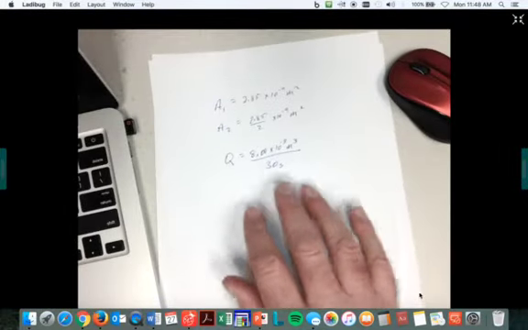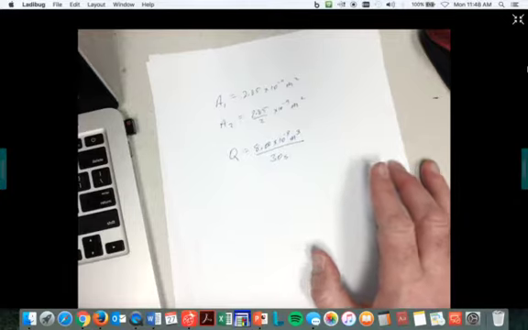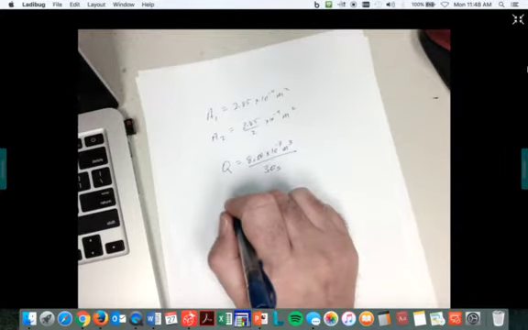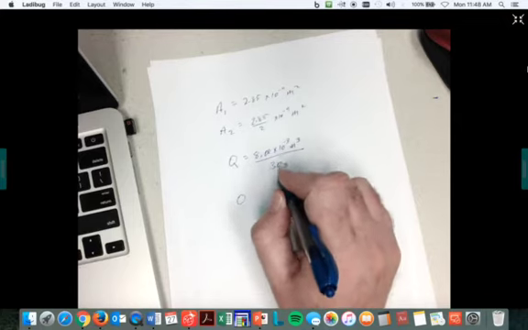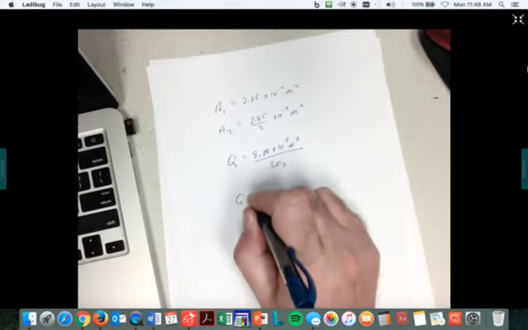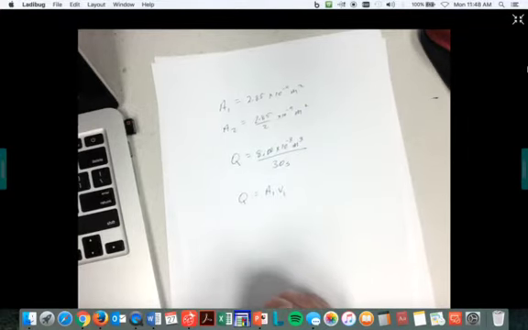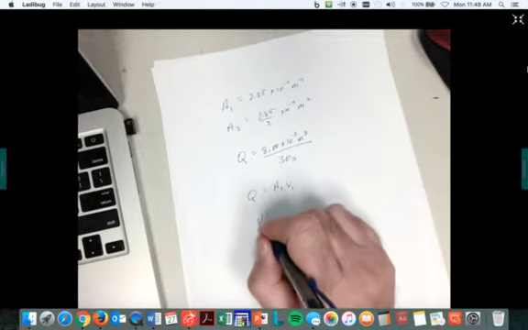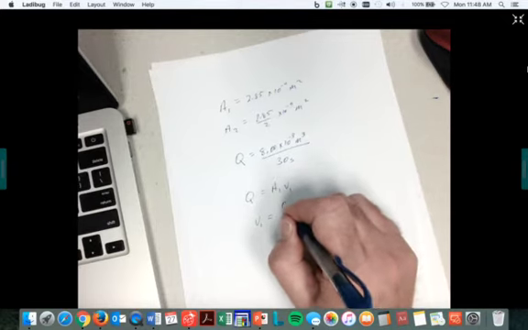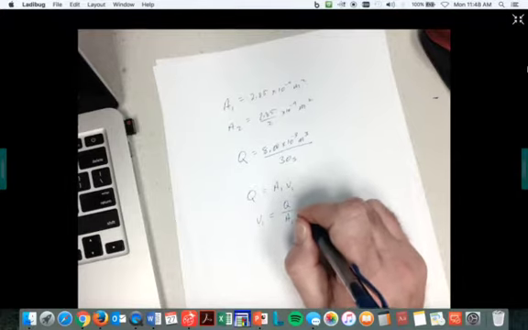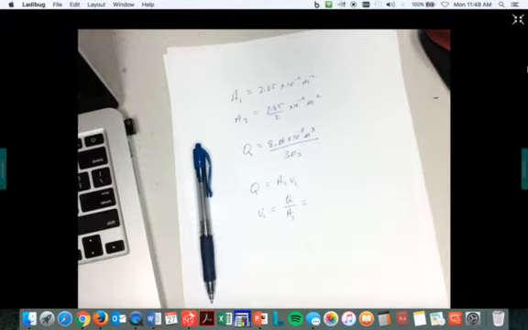So from that, here's the flow rate. We know that for the unobstructed hose, Q is equal to A1 times V1, so V1 is equal to Q over A1. So we can type those in.